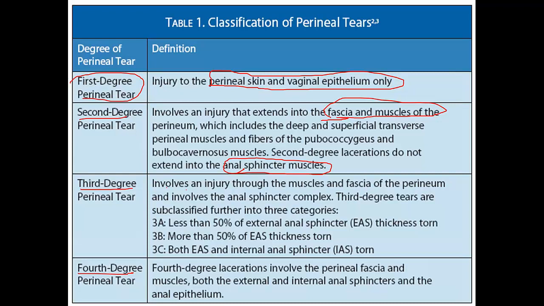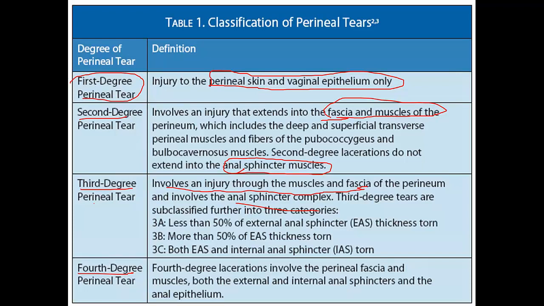Third degree involves the muscle and fascia of the perineum and involves the anal sphincter complex. If it involves the muscle and fascia of the perineum and does not involve the anal sphincter complex, this is second degree perineal tear, and third degree if it involves anal sphincter injury.